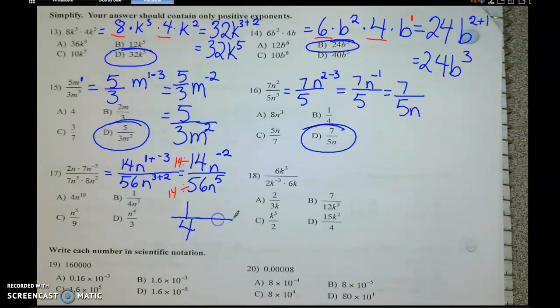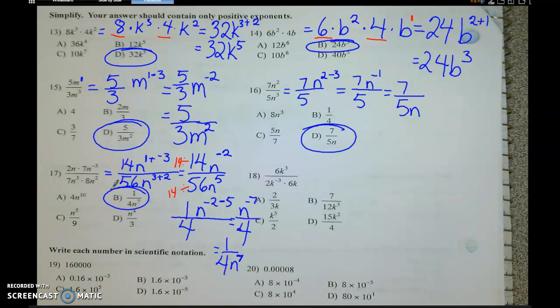Now looking at our exponents, we can subtract and we can go n to the negative 2 minus 5, that ends up being n to the negative 7 over 4. Well, I can't have that negative, so I'm going to move it to the bottom. That leaves me a 1 on top, 4n to the 7th power. That means that B is the answer.